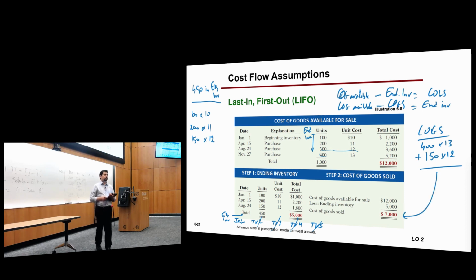Is this just a way to put it, or are they actually selling units like TVs here? No, that's an excellent question, Katrina. It does not have to follow the actual flow of goods. So this is just a calculation method, but they don't really.